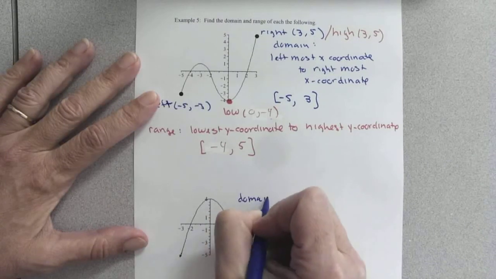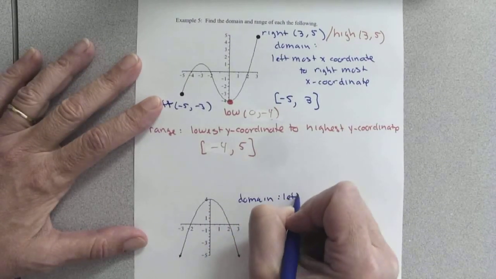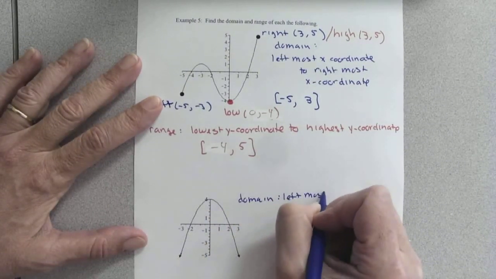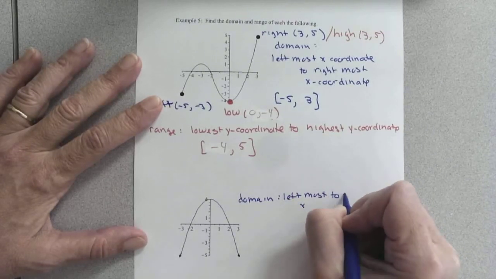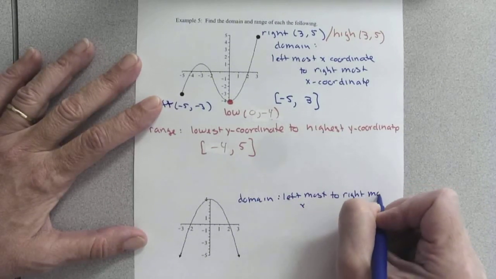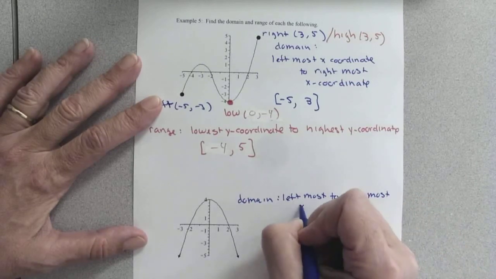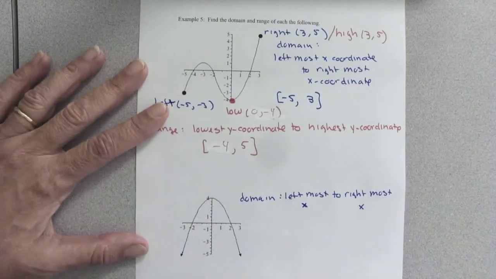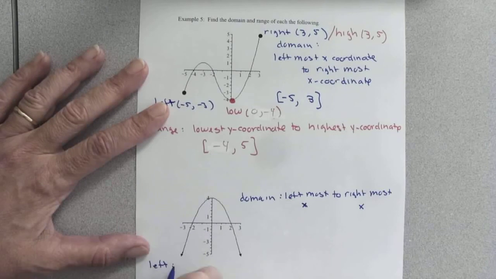Okay, again, domain, leftmost x to rightmost x. So on the left, we have an arrow.